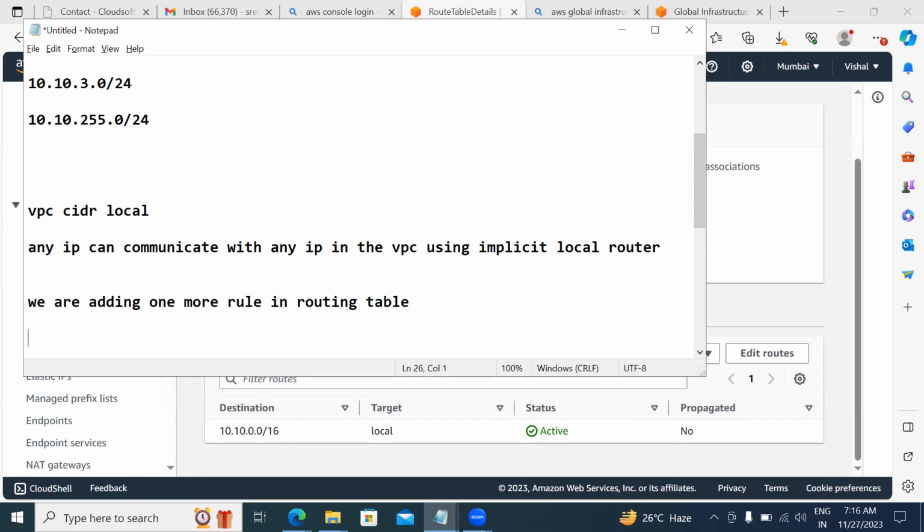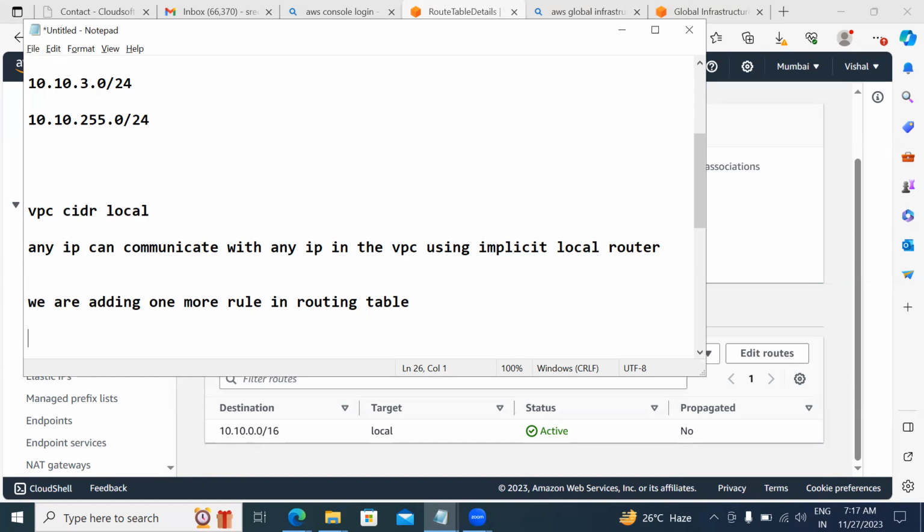It's allowing only communication within the VPC, the private communication is happening. But one routing table has one rule only, right? No, multiple rules. One routing table can have multiple rules, depending upon our requirement.